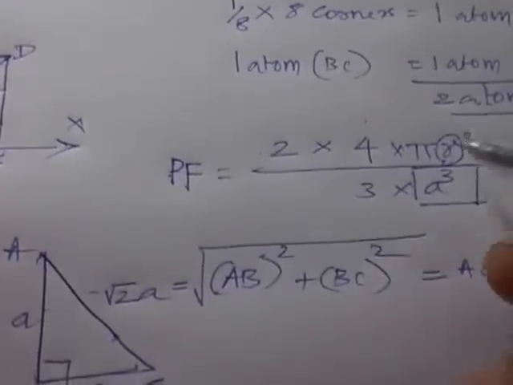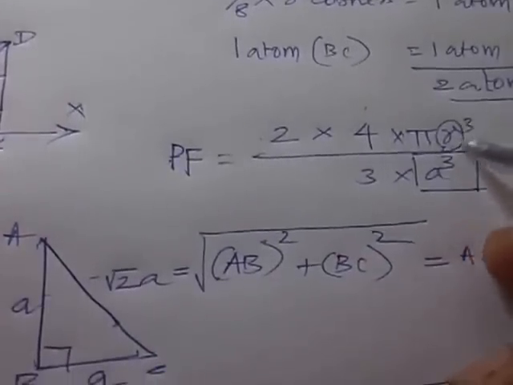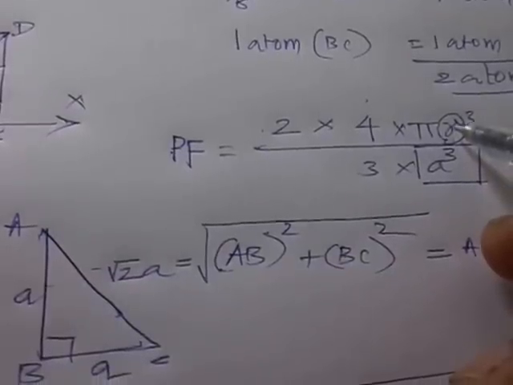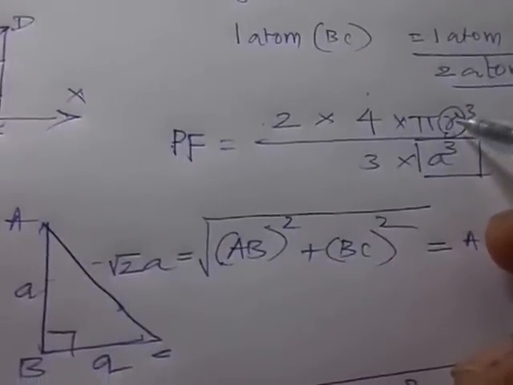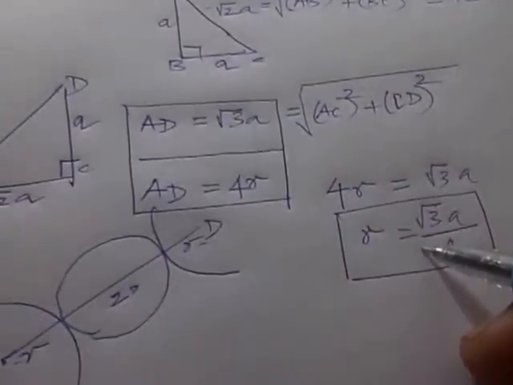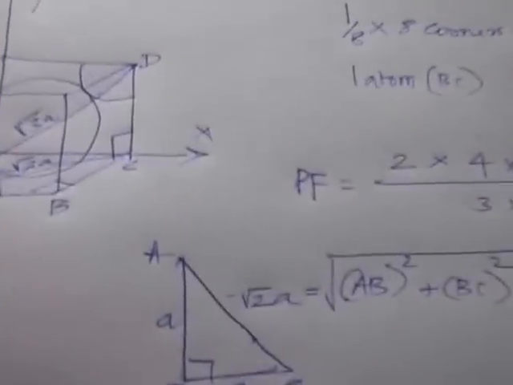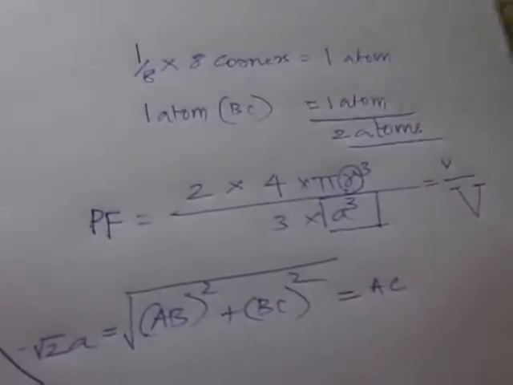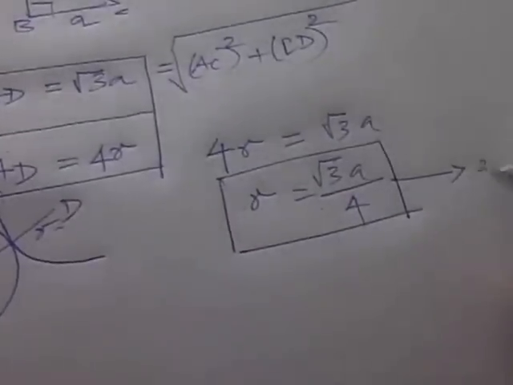Well, here we have said that we are about to make a substitution for R to find the packing fraction. So in this place we are about to substitute the expression we have found now. Say this equation is number 1 and this is 2. So we are substituting equation 2 in 1.